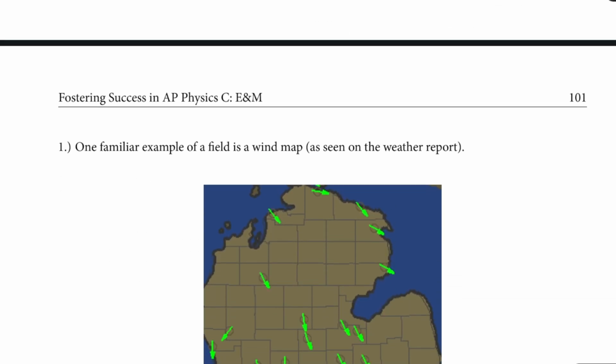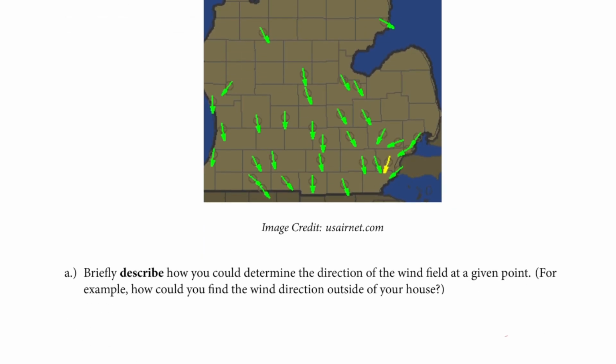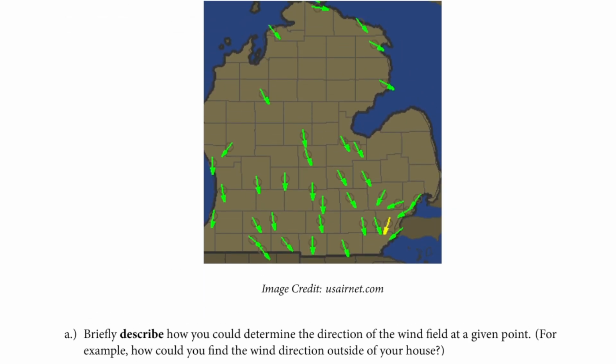So, one of my favorite examples of a field might be thinking about a wind map, because this definitely counts as a field, because at every point in space, I have defined my vectors that are indicating the direction of wind at that point. So, first of all, how would you determine the direction of the wind field at a given point?